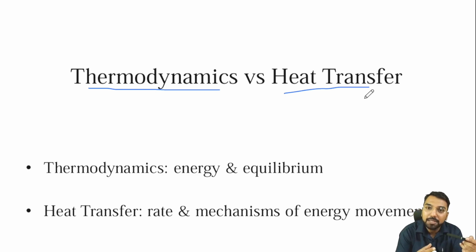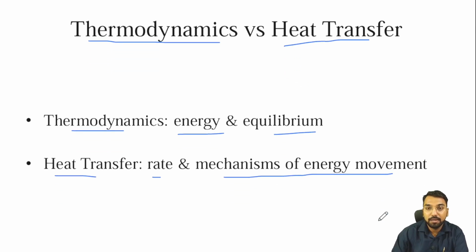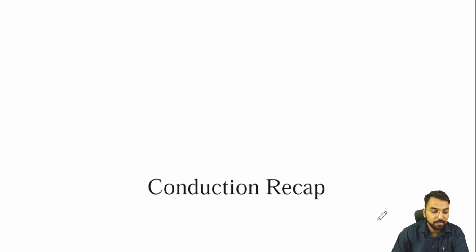There must be a temperature difference: one object at a higher temperature and the other at a lower temperature, to transfer heat from one side to another. In thermodynamics, we analyze the equilibrium state. So thermodynamics is about energy and equilibrium, and heat transfer is about the rate and mechanism of energy movement, how energy moves from one place to another. That is where heat transfer analysis takes place.